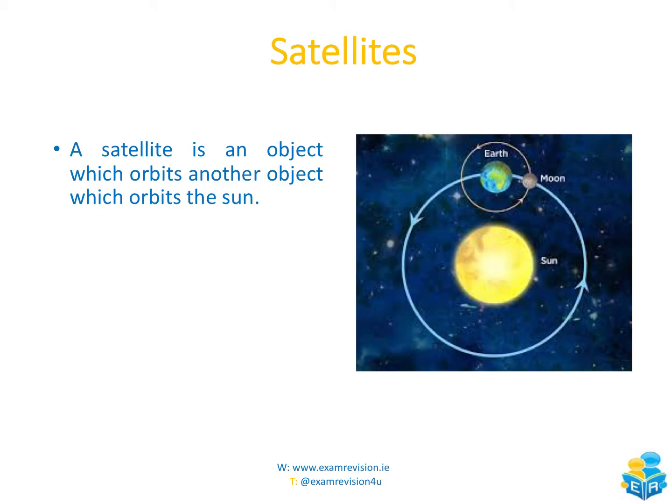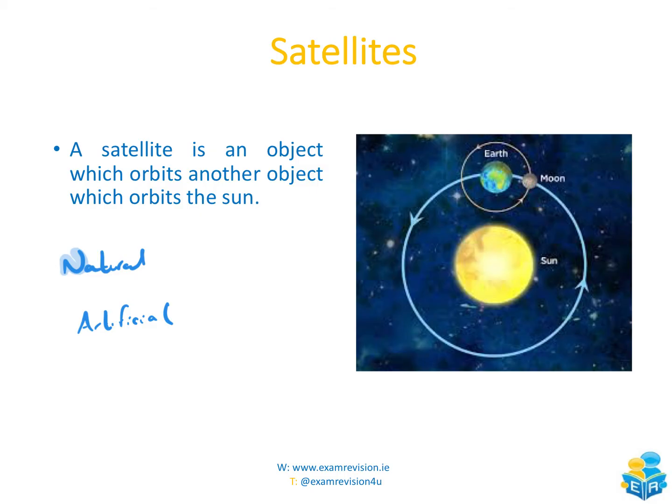Now, this is actually one of my favourite definitions which comes up in science. So we have the idea of a satellite. I'll come back to that in a second, but we will eventually break the satellite down into natural satellites and artificial satellites. So by definition, a satellite is an object which orbits another object which orbits the Sun. Now, how does that make sense? Well, a famous example of a satellite is our moon.